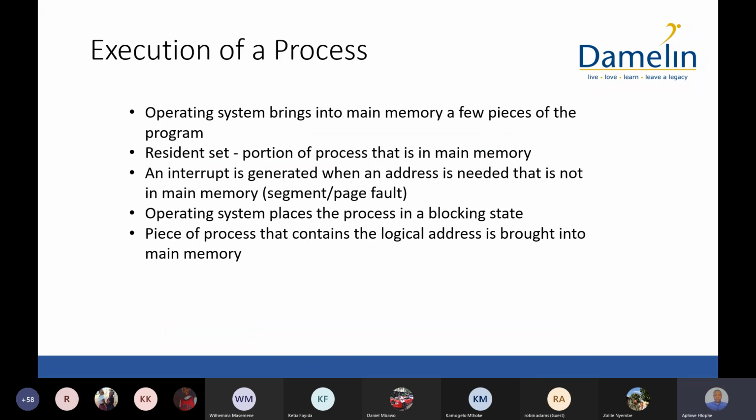And then we also spoke about the execution of a process. And I said to you guys, do not mistake this for the instruction cycle. Two different things, okay? So what happens when a process is executed on a computer? The operating system brings into main memory a few pieces of the program.